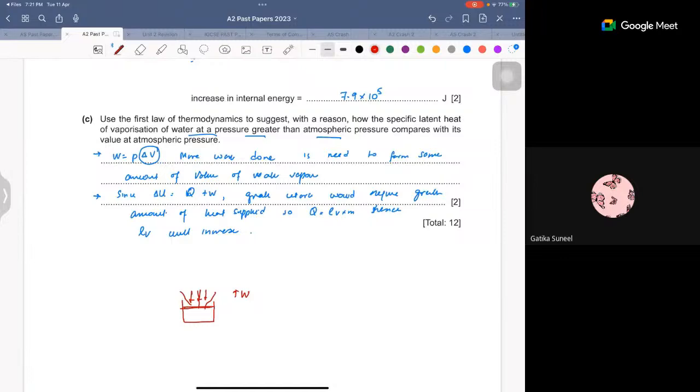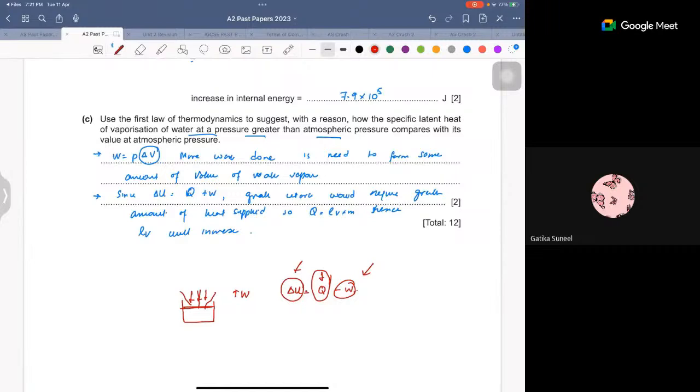If you need to do more work, then the internal energy depends on Q minus W, because minus means it is doing work on the surroundings, and then you're supplying heat to it, right? For the same increase in internal energy, if the work subtracted has a greater value, then you have to put a greater value in here so it balances out. Do you understand what I'm saying?